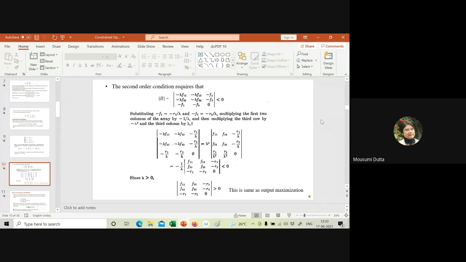Ma'am, but both the input demand functions are different. One is the factor demand and the other is the conditional factor demand, meaning we are conditioning it so that we have to meet this output. Yes, you are right.